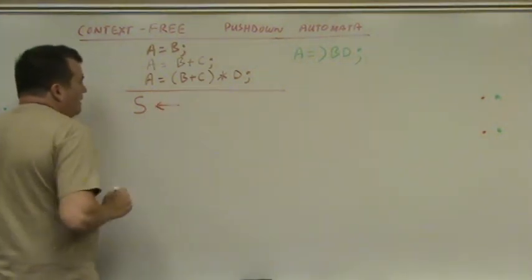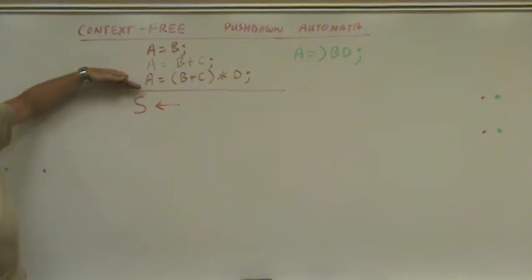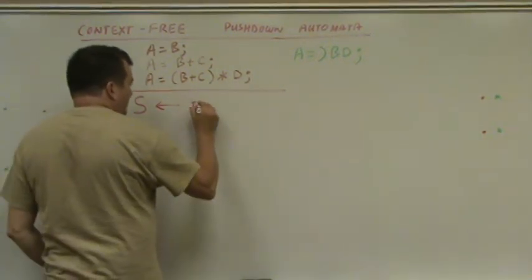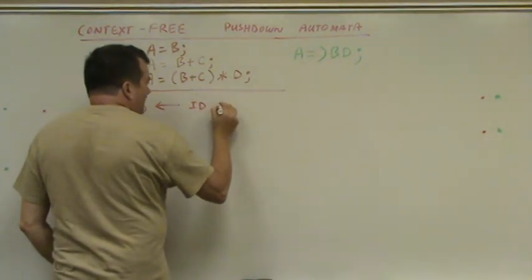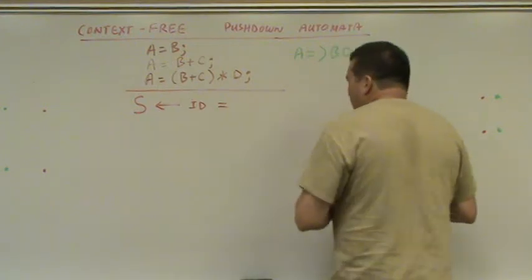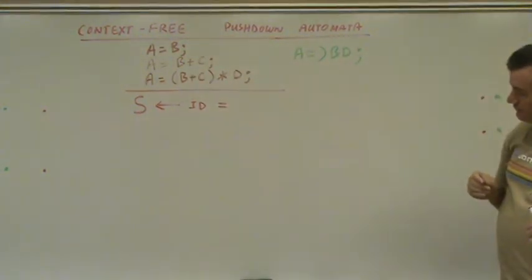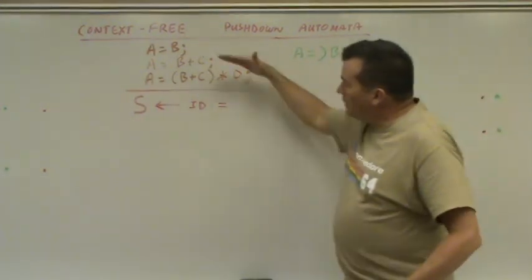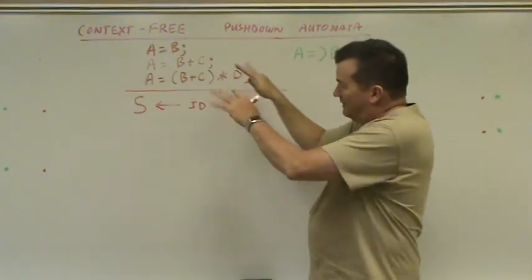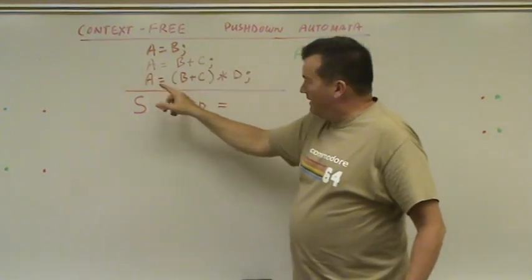But our start symbol, or let's say sentences in our language. A sentence is made up of an identifier, followed by an equal sign, followed by, now what comes after this? Let's say this is a very limited version of Java. No input, no output. All we can do is sentences like this: stuff equals that. And it always gets written over to the left side.